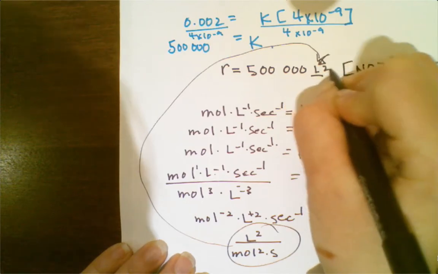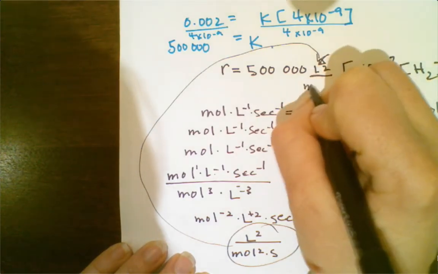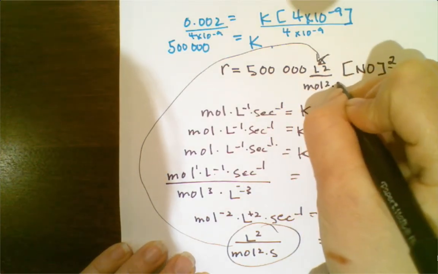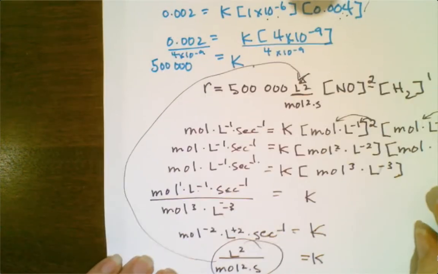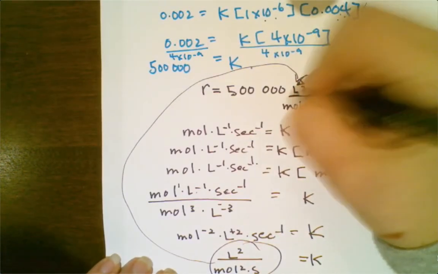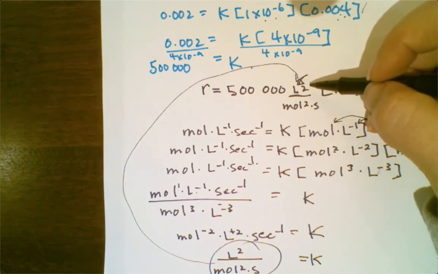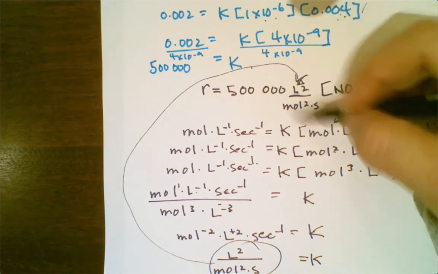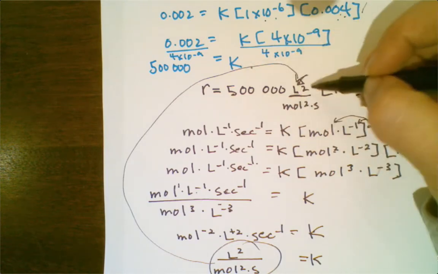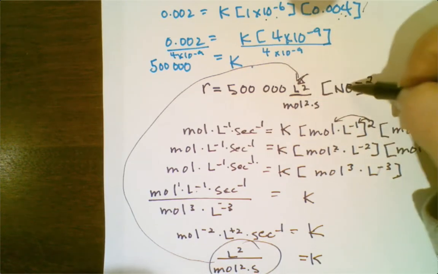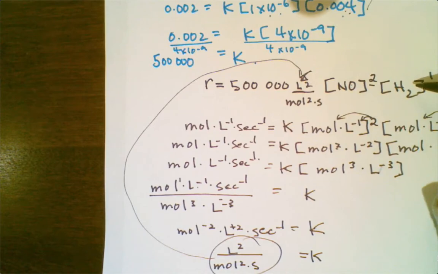So that becomes liters squared over moles squared times second. Now, it's kind of weird that with every reaction, even though this is called a rate law constant, the units for that constant are always changing. It all depends on the order that was established for each of your reactants.